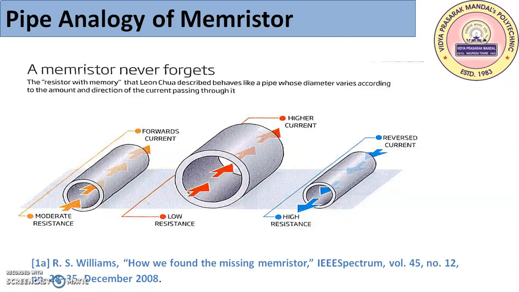That means it offers resistance. Now imagine that we have stopped the water supply. Then the memristor remembers the dimension of the diameter when water last flowed through it. That is, it remembers or memorizes.